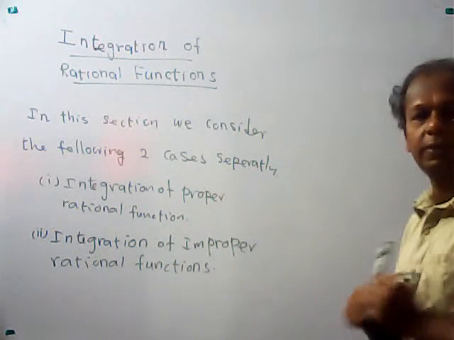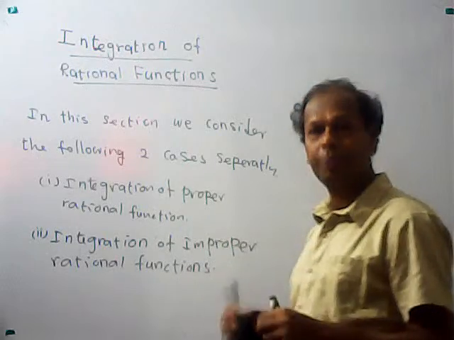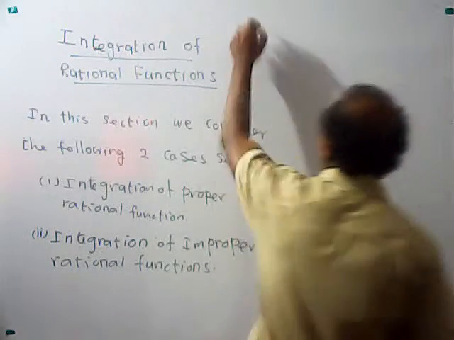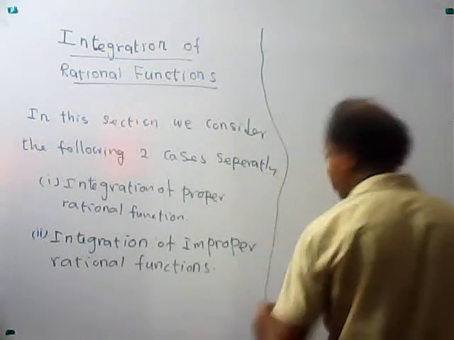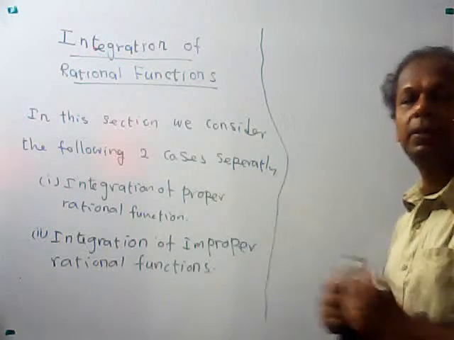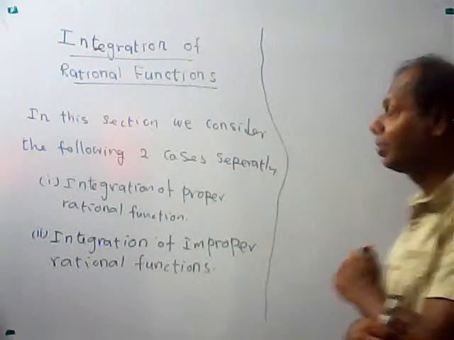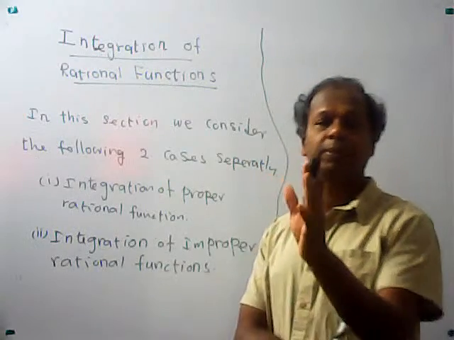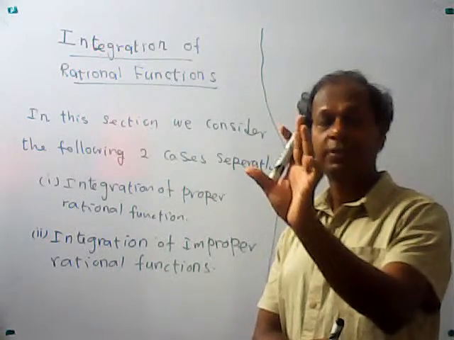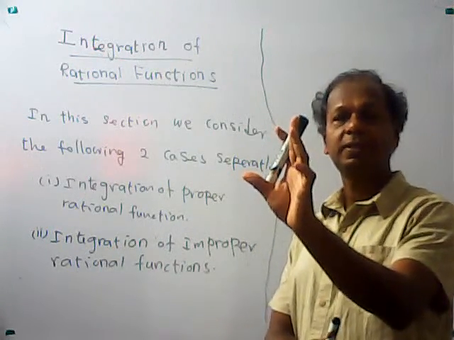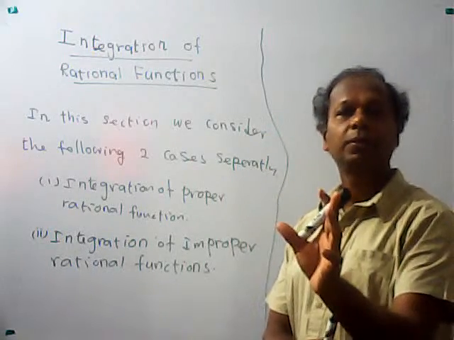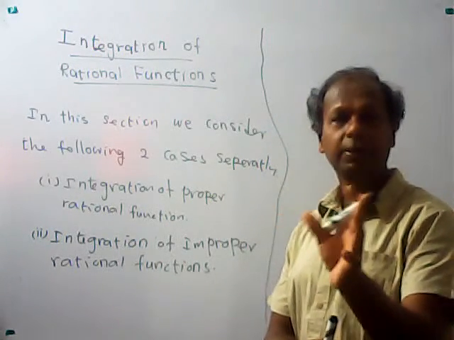Right, so we start with the first, integration of proper rational functions. Again, as I said earlier, there is no single method to just follow. Instead, we'll use some procedure. If it's a proper rational function, we first try this. If it does not succeed, you can go to another one and have another try.